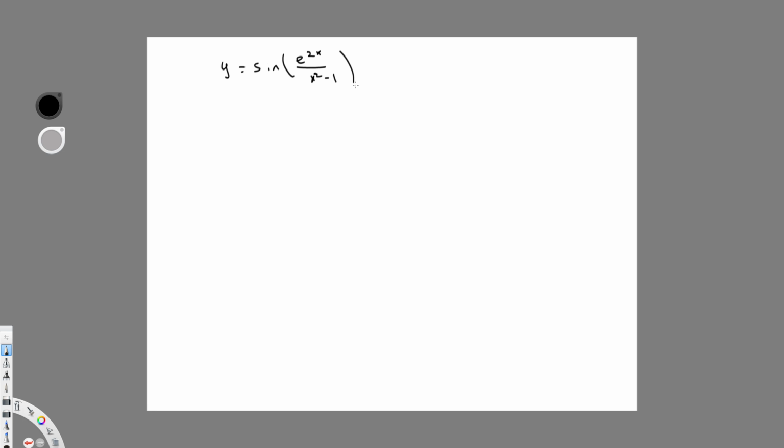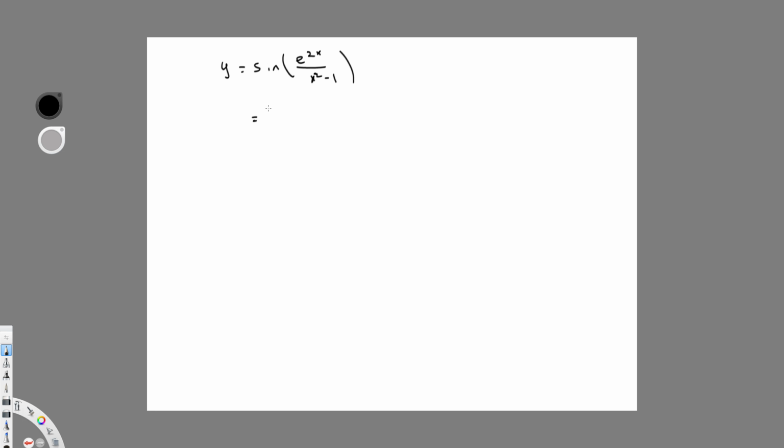In this case, what do we have to do? Same thing. It's a chain rule, right? First I find the outside derivative, then the inside derivative. For the outside derivative, first I have to know the derivative of sine. The derivative of sine is cos.